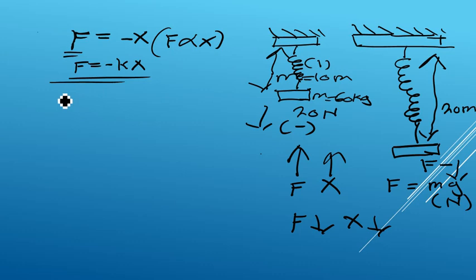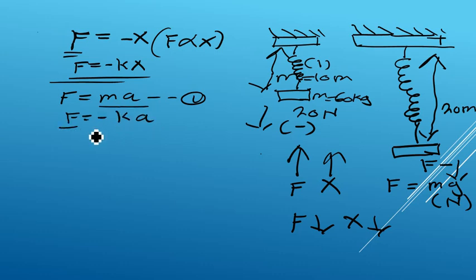Remember that the force is equal to ma. We know this formula. But having known that force is equal to negative kx, I can simply replace the force with this expression so that I have ma equal to negative kx.